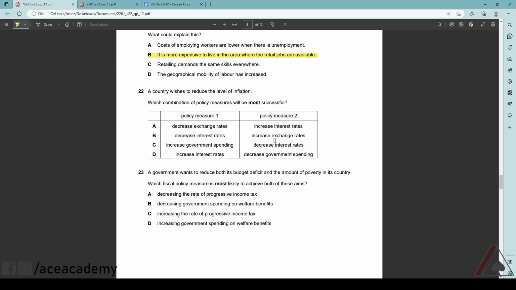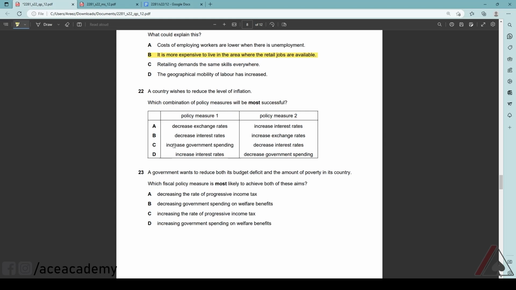The next policy is an increased exchange rate. If this alone were executed in the economy, it might have reduced the level of inflation. However, combined with the first policy measure, this combination is not likely to reduce the level of inflation, right?